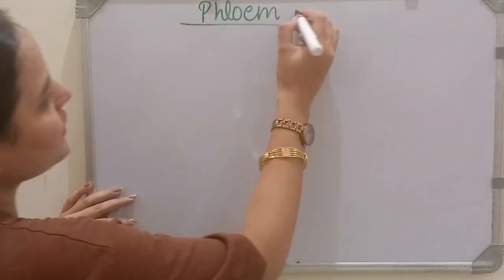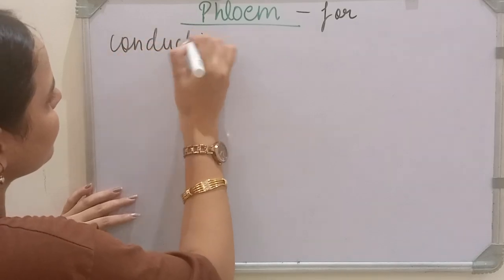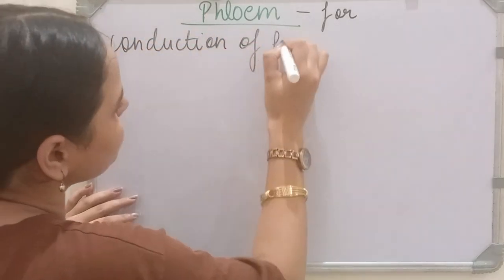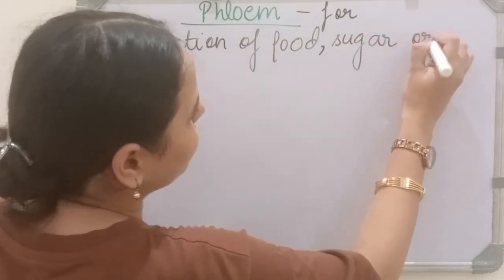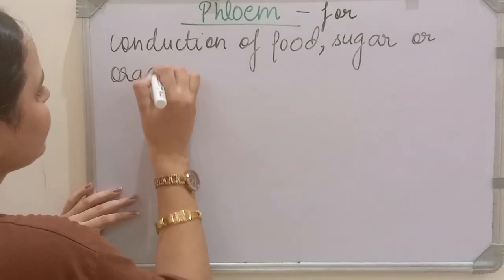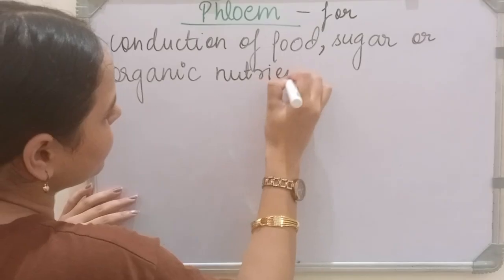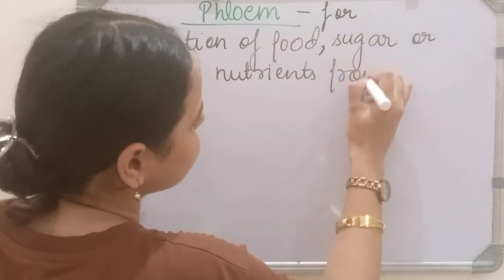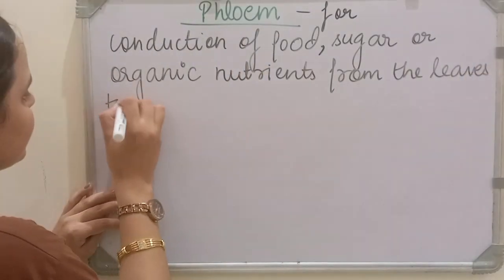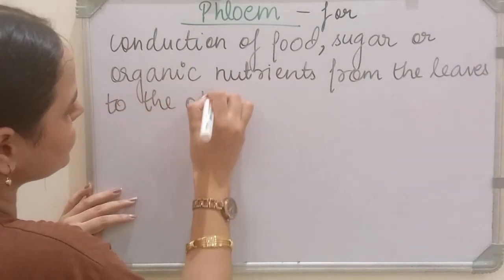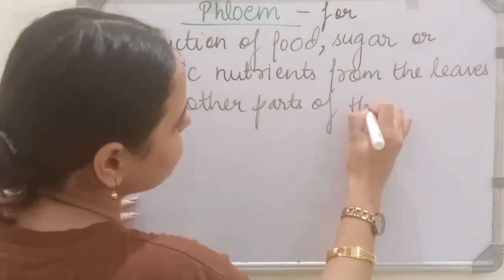So it is responsible for conduction of food, sugar or organic nutrients from the leaves to the other parts of the plant.